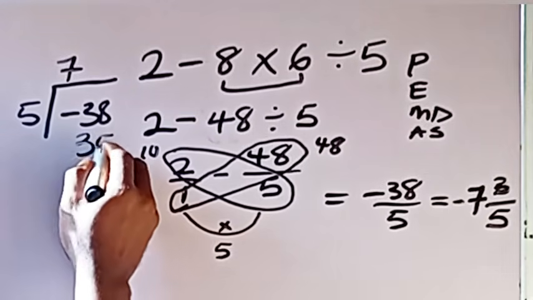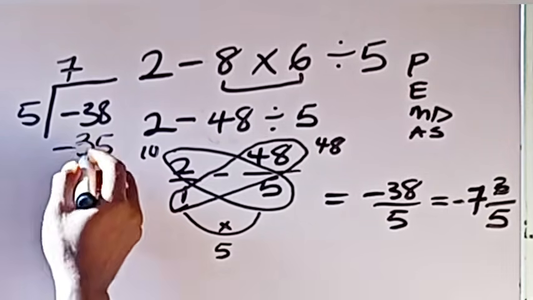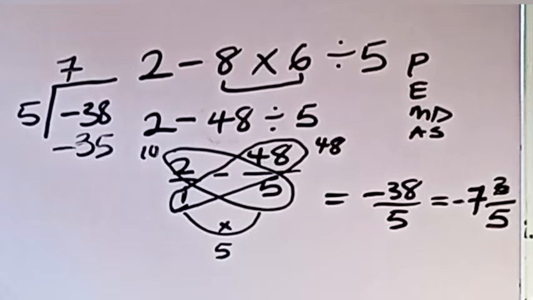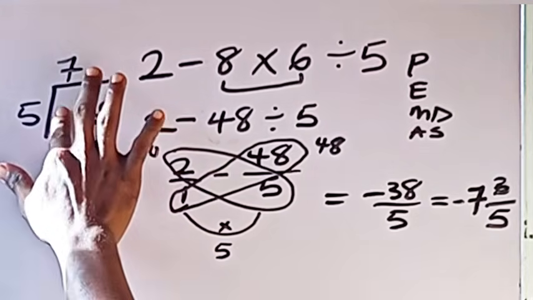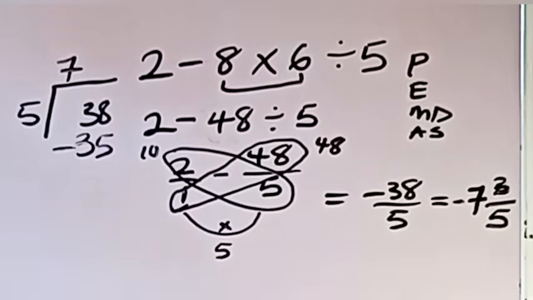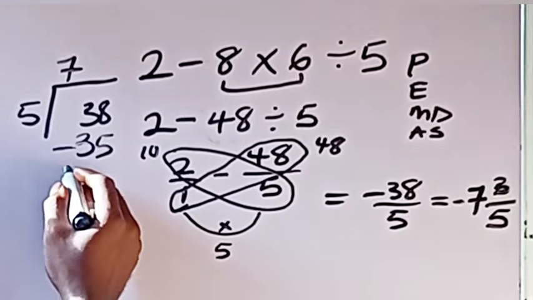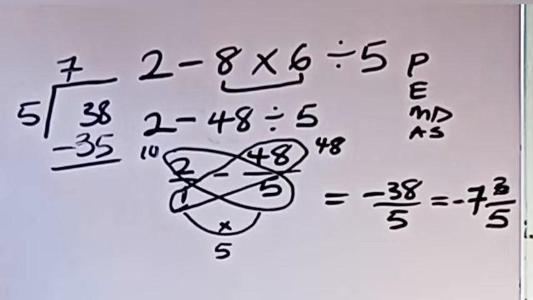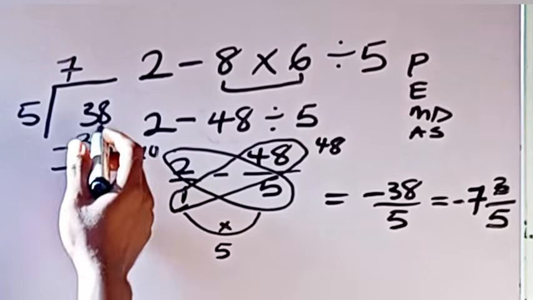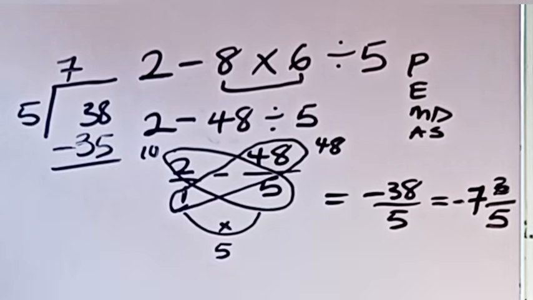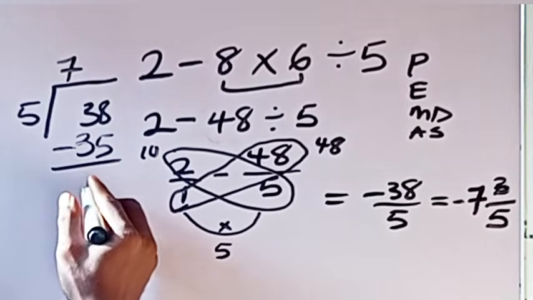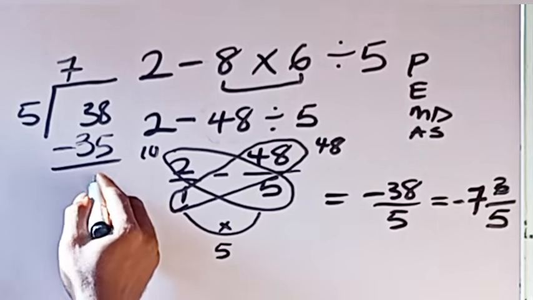So if we subtract, so guys, I want to remove the negative sign first. After the whole calculation, we'll put our negative sign in the answer to make it easier for us, okay? So when we subtract this, 38 minus 35 is going to give us 3.